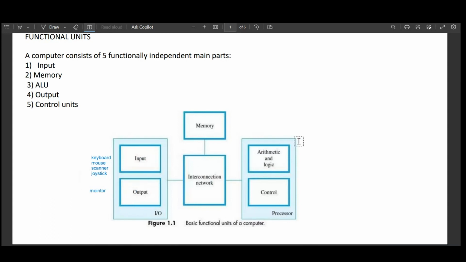Next, coming to the processor. Processor is nothing but the CPU, the central processing unit, which is most important. You have seen the input output devices, and you have come to the processor. Without the CPU nothing happens. And then what is this interconnection network?